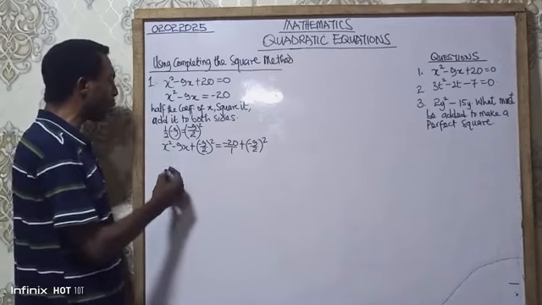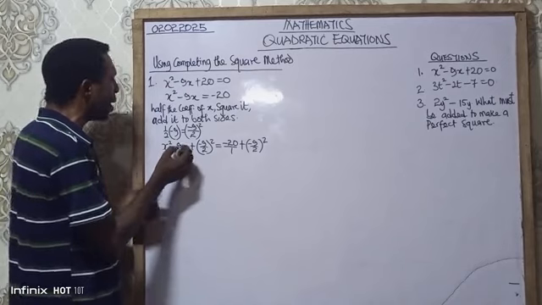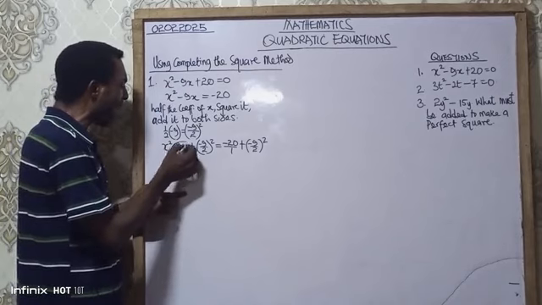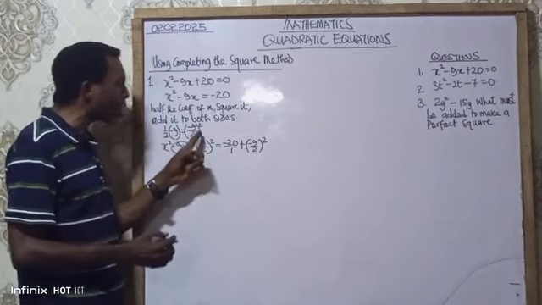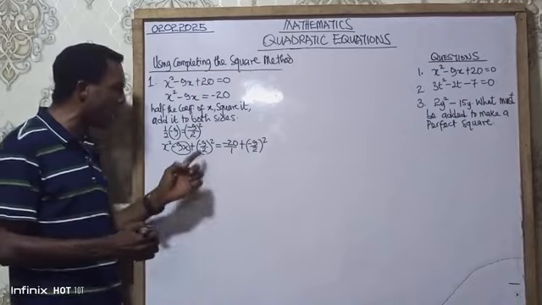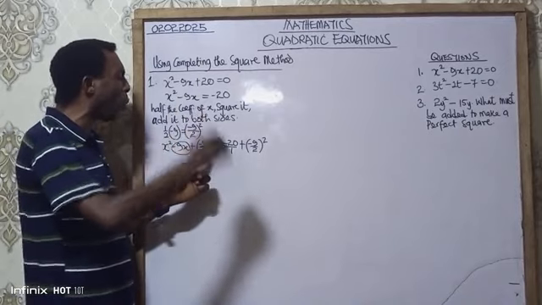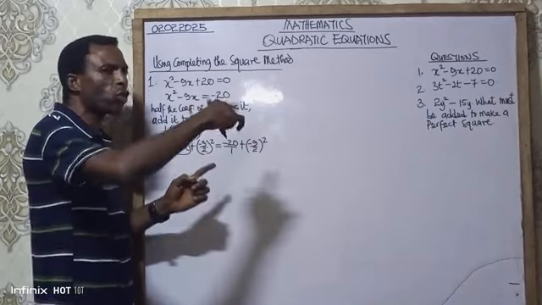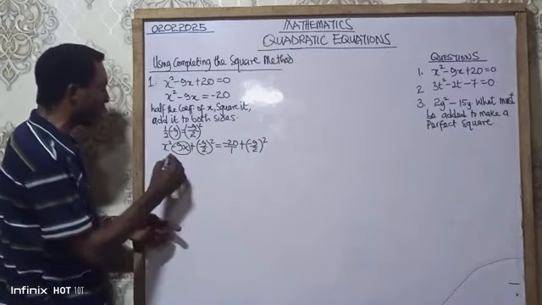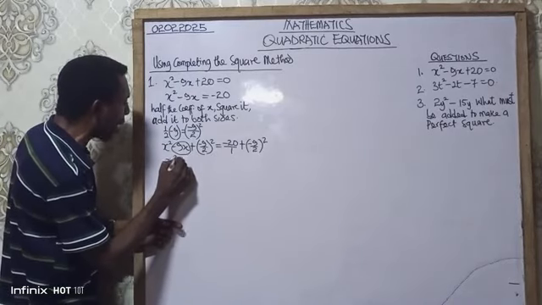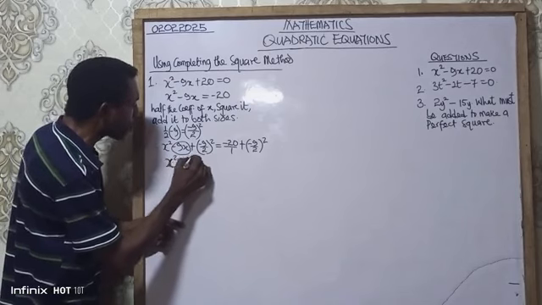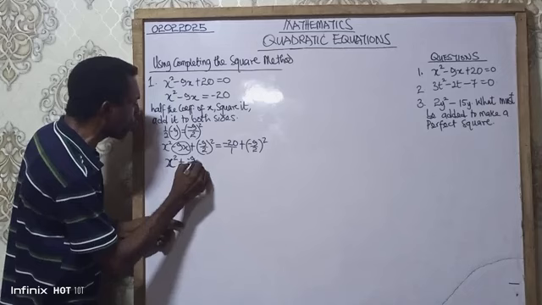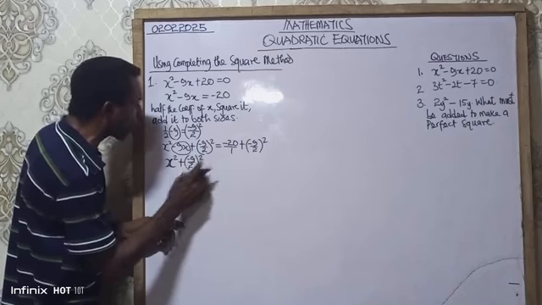Now the next thing you are going to do is we come down here. Since minus 9x is what we disintegrate into what we add there, which is minus 9 over 2 in a bracket squared, then we can remove it. So we have left x squared, that will now be plus minus 9 over 2 all squared.